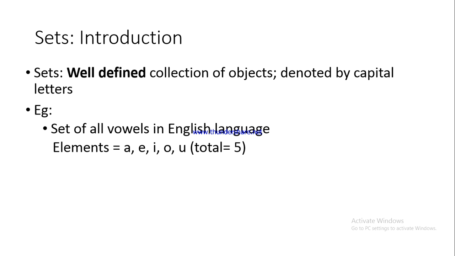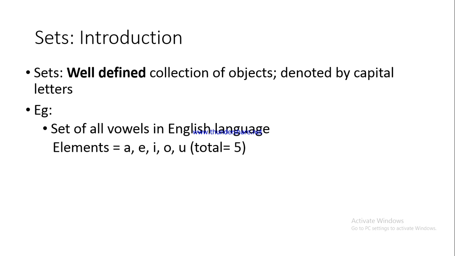Now, a set of all vowels in English language. Now again, this is a well-defined collection of objects. Why is it well-defined? Because everybody knows what are vowels and how many vowels are there in the English language. And what are the various elements which would be part of this set?